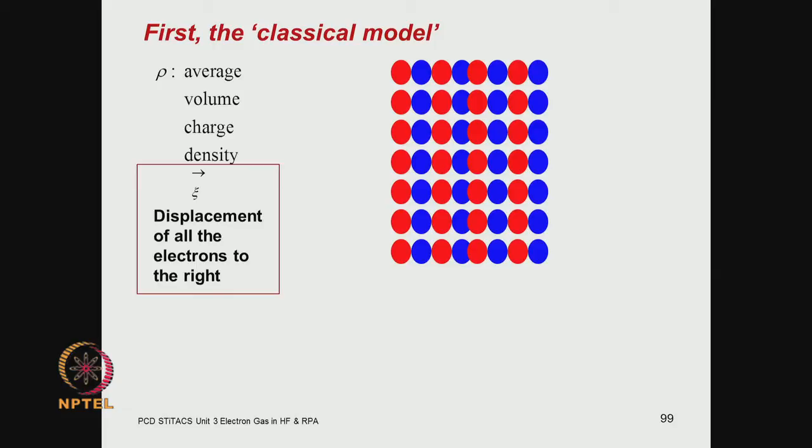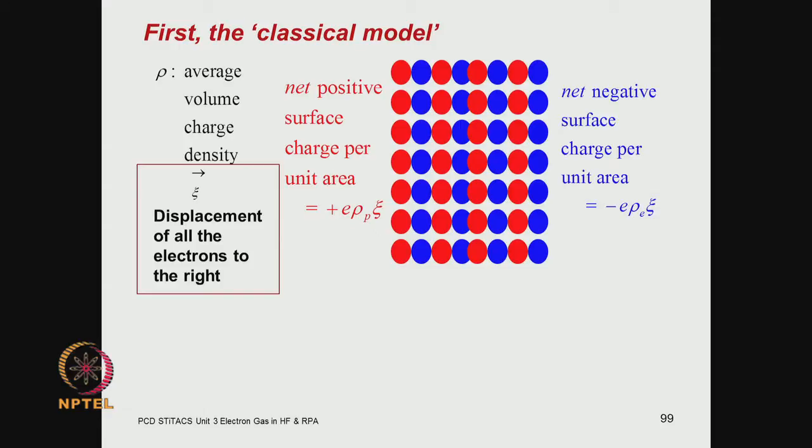That gives you a negative surface charge density of e rho times xi on the right, where xi is the displacement, mind you, and on the left-hand side there is a surface charge density which is plus e rho xi. These are equal and opposite surface charge densities.